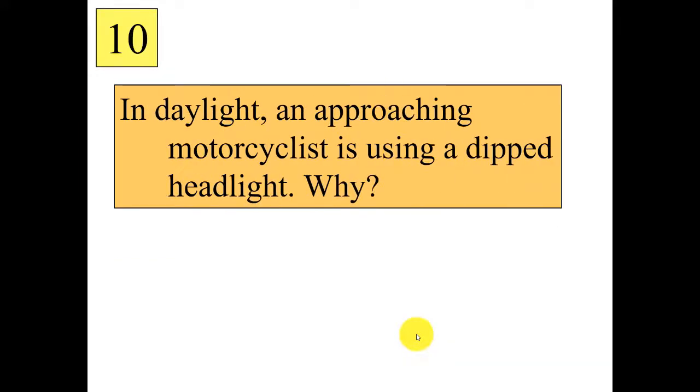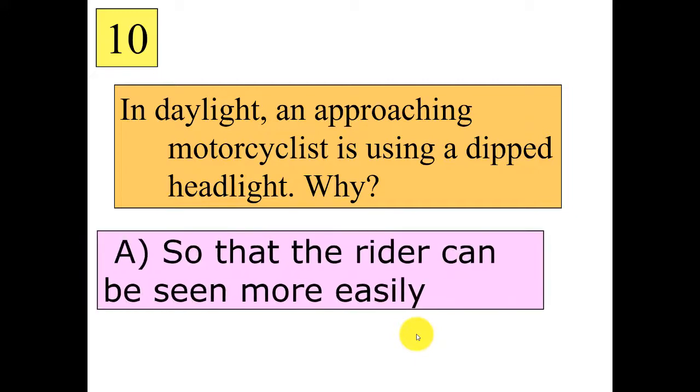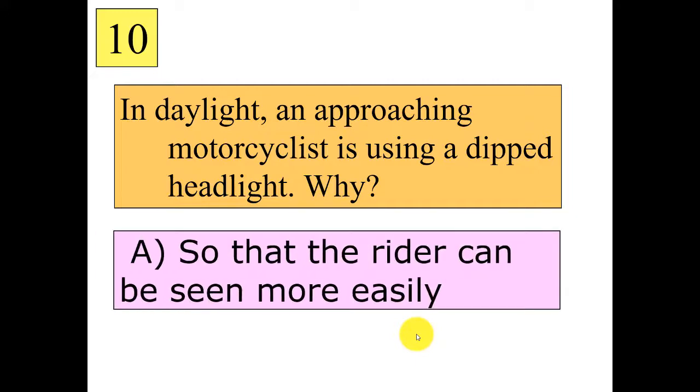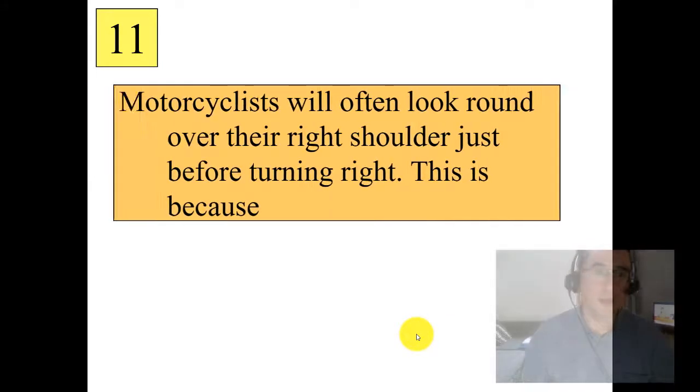Question 10. In daylight, an approaching motorcyclist is using a dipped headlight. Remember? Dipped headlight? Full, dipped when they're down. Why? Answer: so that the rider can be seen more easily. Question 11.